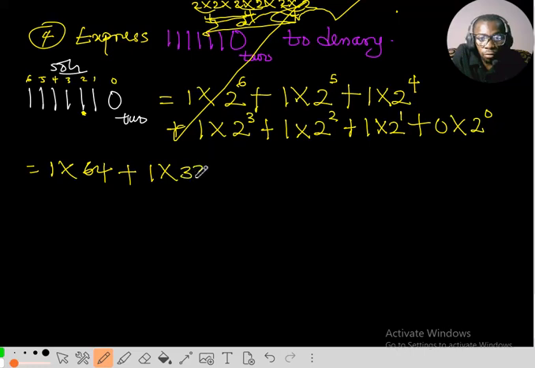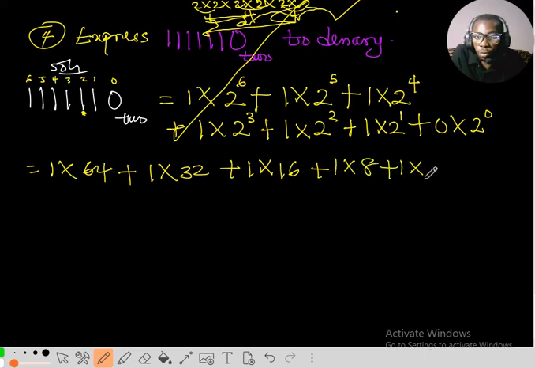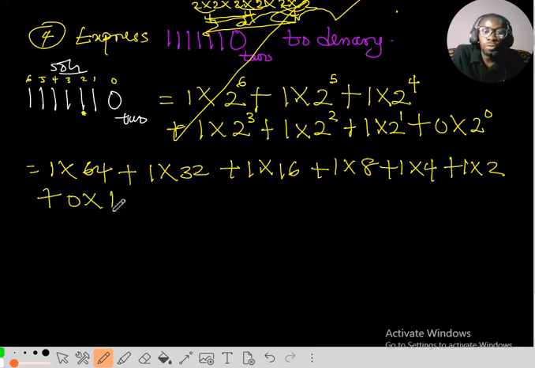That is 32, plus 1 times 2 raised to power 4, 16, plus 1 times 2 raised to power 3, 8, plus 1 times 2 raised to power 2, 4, plus 1 times 2 raised to power 1, 1 times 2, then plus lastly you have 0 times 2 raised to power 0, which is 2 raised to power 0 is 1.